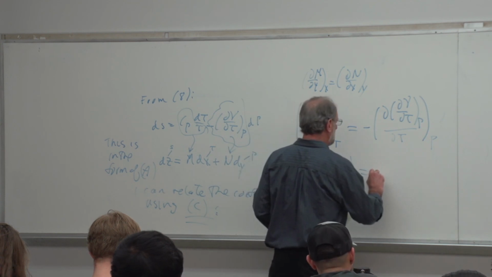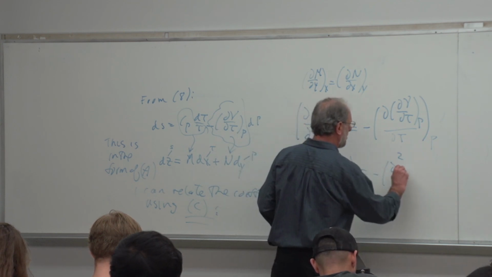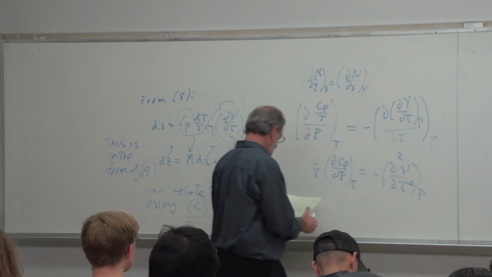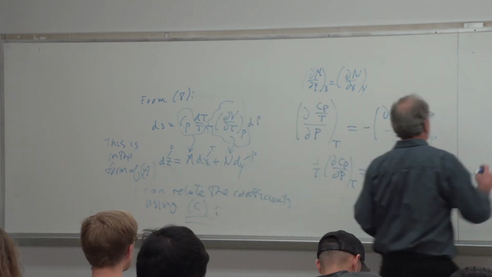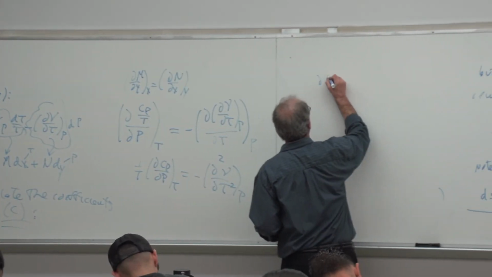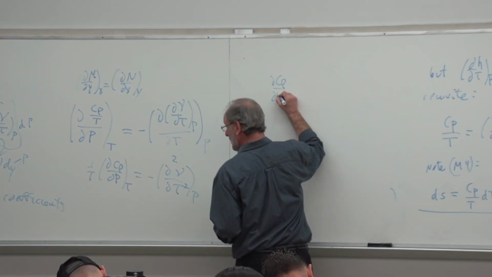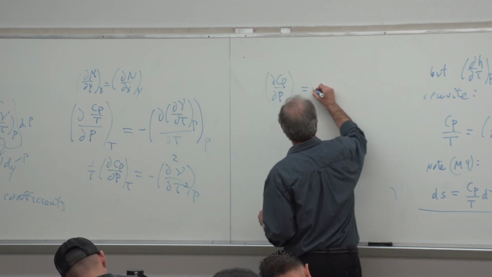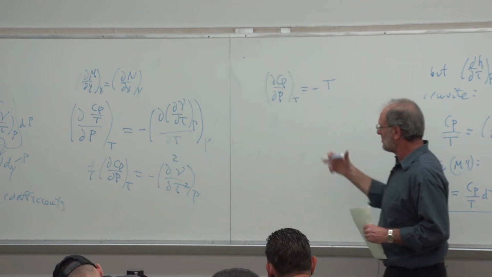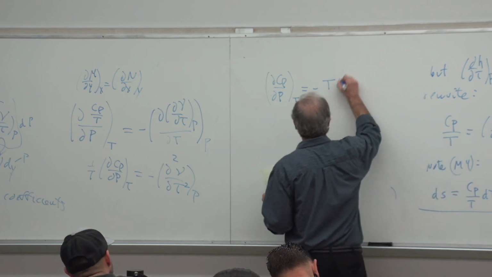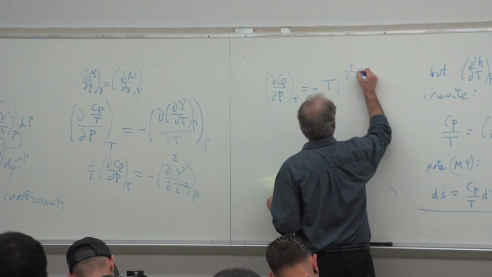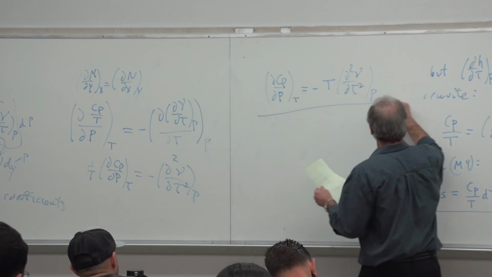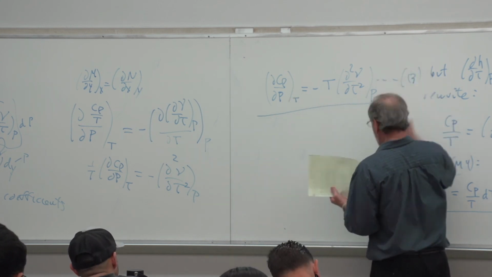So that's then equal to minus the second partial of V with respect to T holding P constant. And then we just rewrite it one last time. We have (∂Cp/∂P)_T equals, and then I'm just going to move the temperature to the right, so minus T, and then times the second partial of V with respect to T holding P constant. So this equation is equation 13.